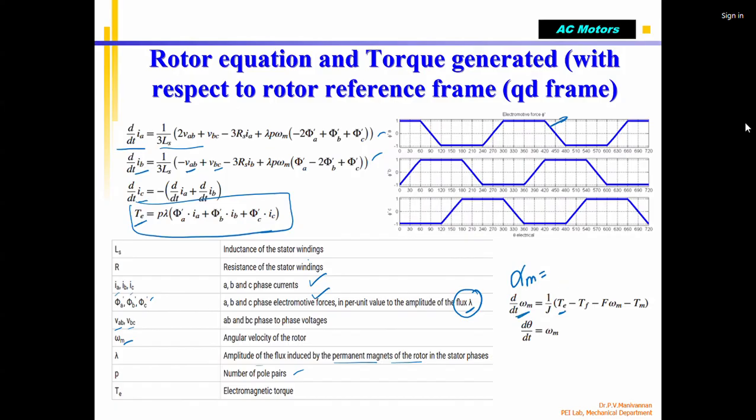This is called induced torque, tau induced, which we saw in the previous class on induction motors. Here it is Te, the torque generated by the electromagnetic force or interaction between stator and rotor. But all of this torque is not going to come out at the shaft. Shaft torque is always less because of other losses.